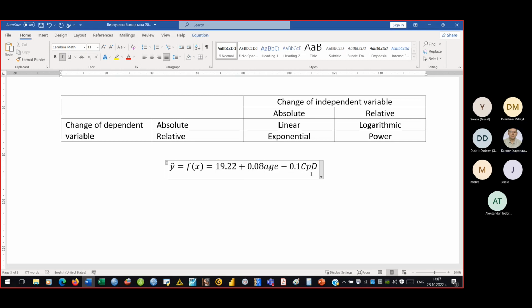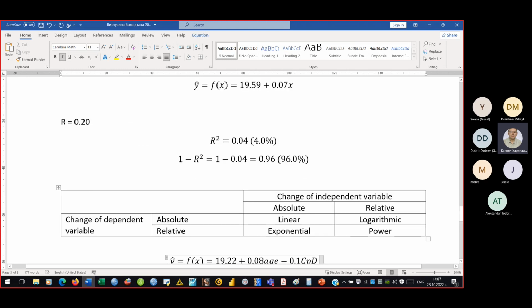And if the number of cigarettes per day increases by one cigarette, then optimism will decrease by 0.1 score under the condition that age is constant.